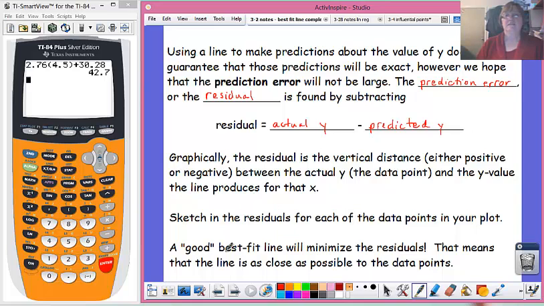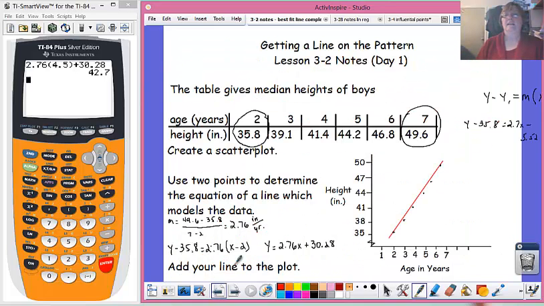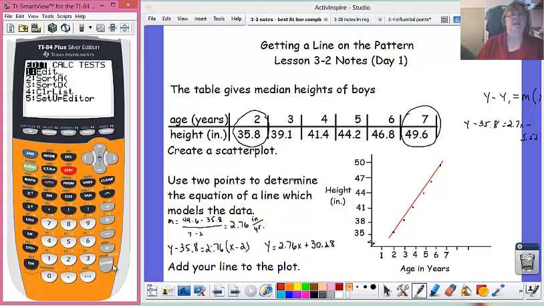And that means we have to go back to our plot, so let me get back there. And for each of our x's, we want to find a residual. So we're going to use the equation to generate a predicted y for each. Now I'm going to use my calculator to do that. And I already have put my actual ages and actual data values here.